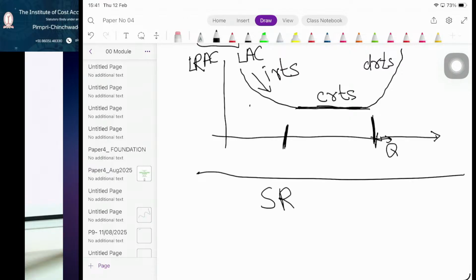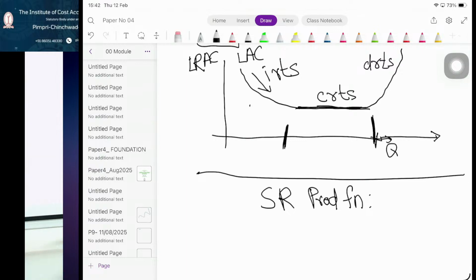Okay, short run production function. So in the short run production function, at least one of the critical inputs remains fixed. That is what the law says.